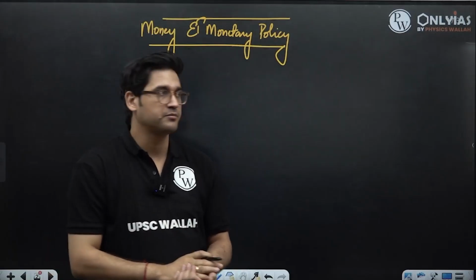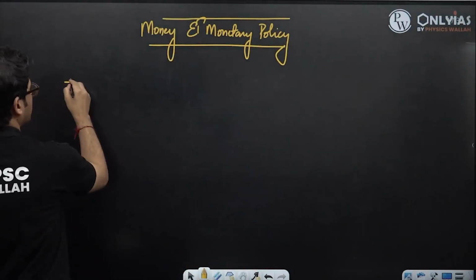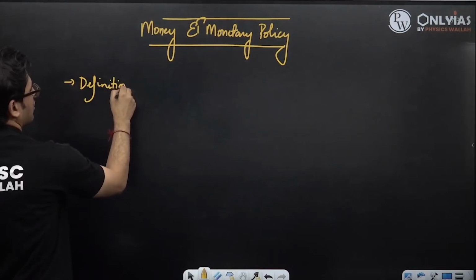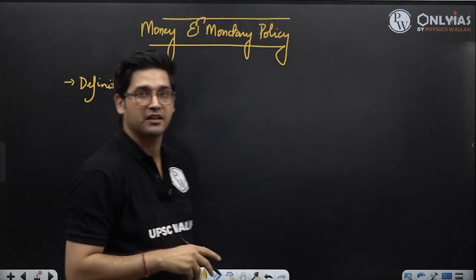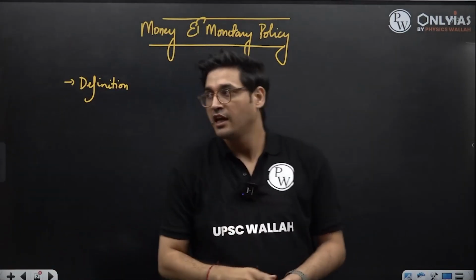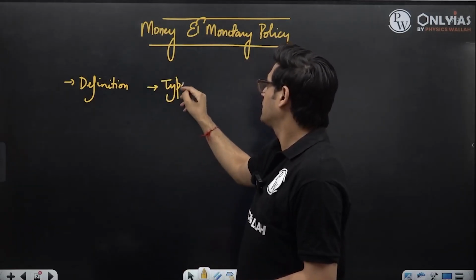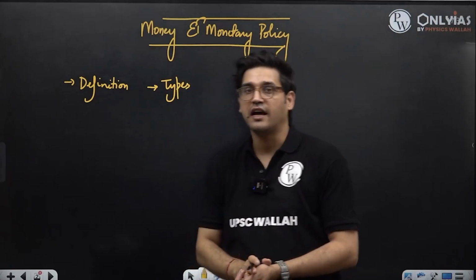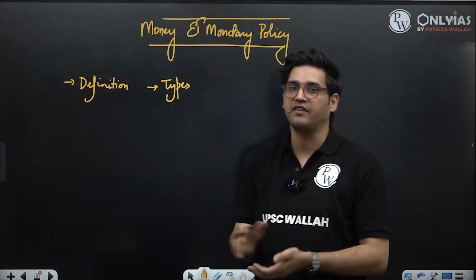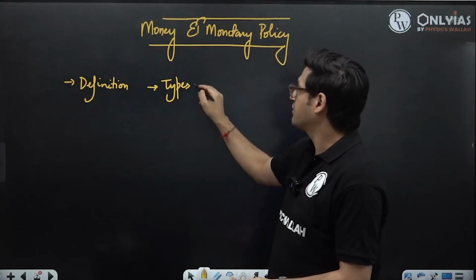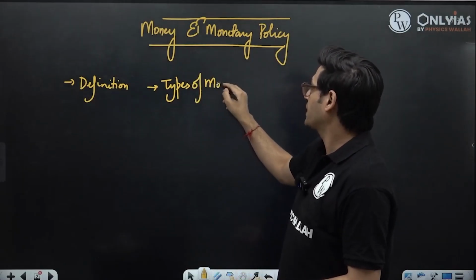We will first be studying the definition of what is meant by money. What do we mean by money? We will then follow it up with a definition as well as a classification of the various types of money. So what is money? What are the various types of money?